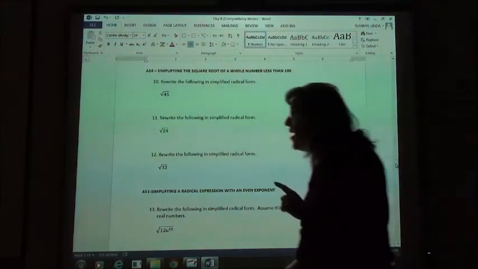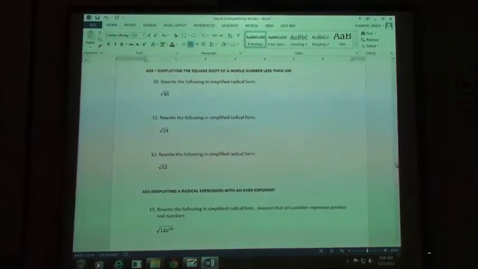So keep in mind your perfect squares. 2 squared is 4, 3 squared is 9, 4 squared is 16, 5 squared is 25, 6 squared is 36, 7 squared is 49, 8 squared is 64, 9 squared is 81, and so forth. Remember I told you the other day you probably want to have a list of your perfect squares, perfect cubes, and those things.